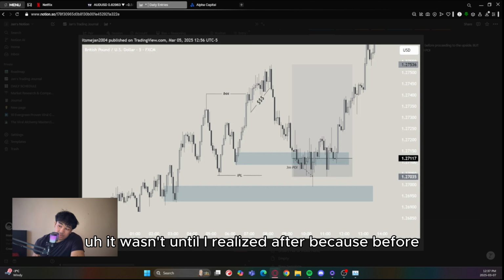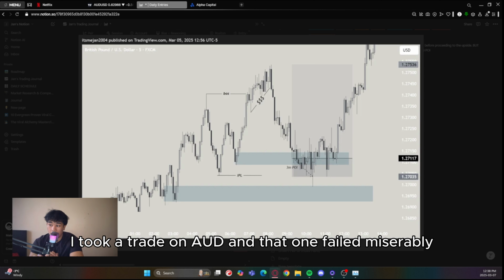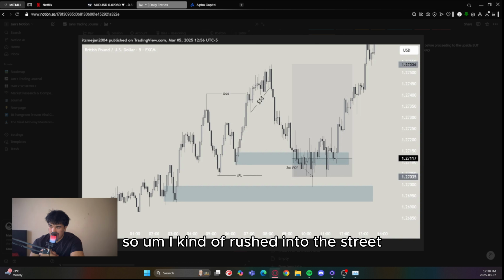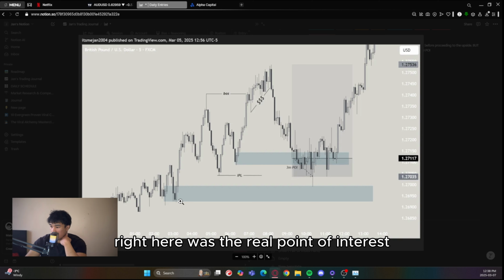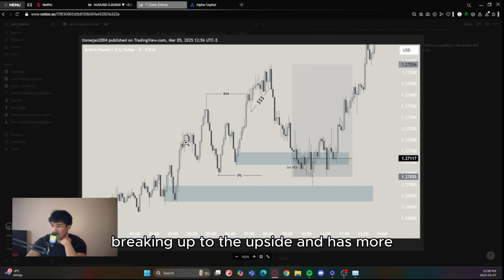It wasn't until after that I realized, because like I said, before this I took a trade on AUD and that one failed miserably, and it kind of toyed around with my mindset. So I kind of rushed into this trade. But what I realized after was, right here was the real point of interest on the 5-minute. You can see this one here has 3 engulfing candles breaking up to the upside and has way more displacement than whatever this was right here.